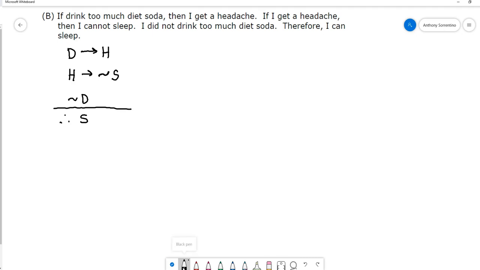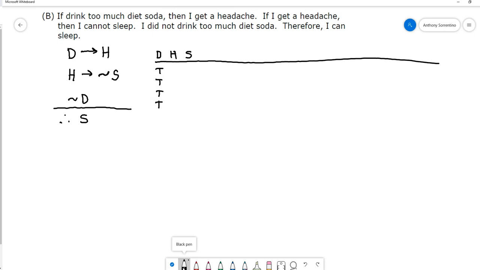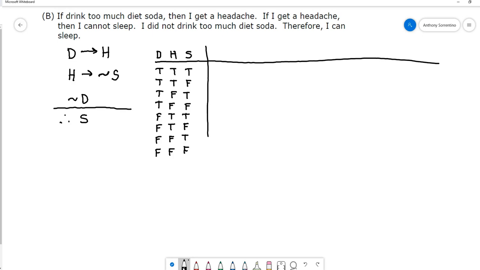So again, I'm going to have three variables here, D, H, and S. So I have every possible combination of the variables D, H, and S being true and false together.